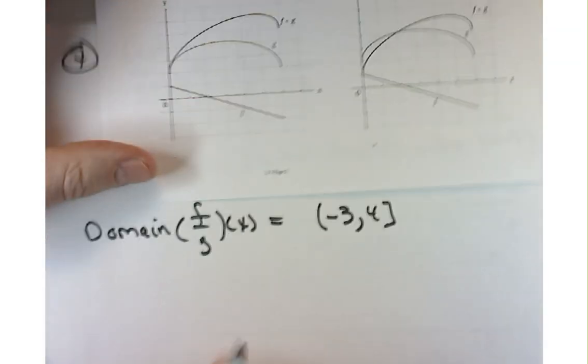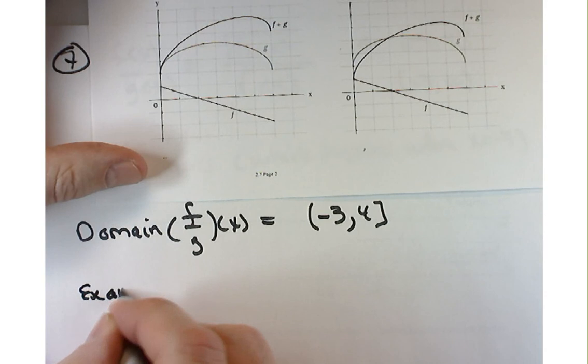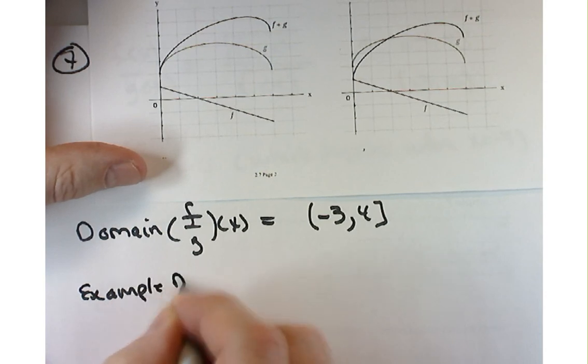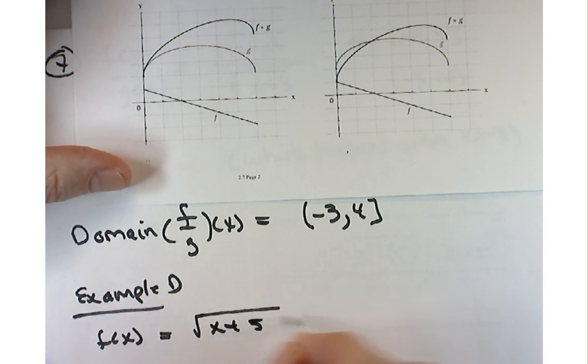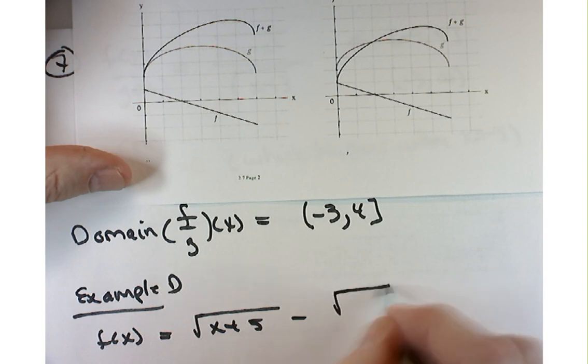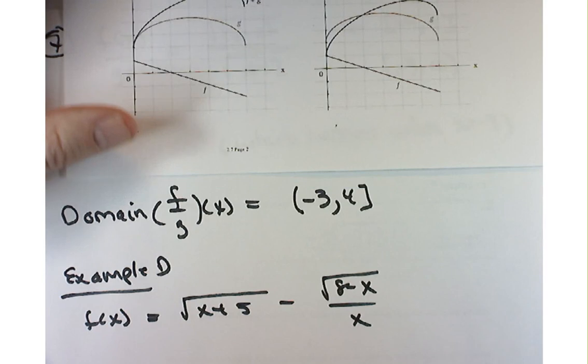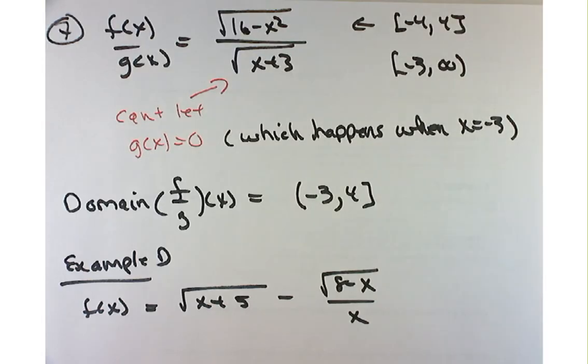So example D. f of x equals the square root of x plus 5 minus the square root of 8 minus x, over x. And let's take care of a few things here.